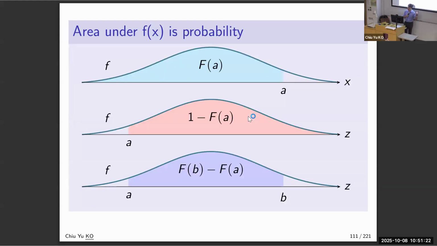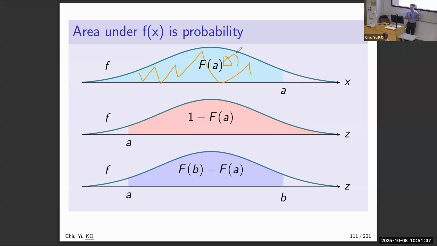If you learn calculus, this is just integration. Big F gives us the probability less than or equal to that number. But you can conveniently write everything in a small f, in the sense that the area up until A will be the value F of A.